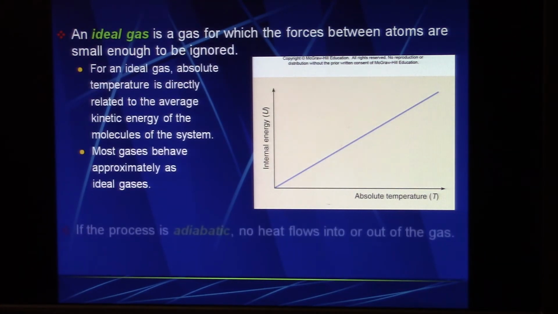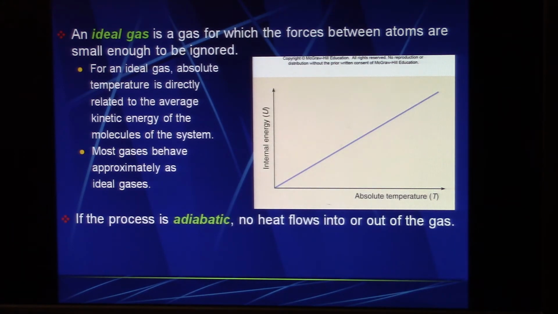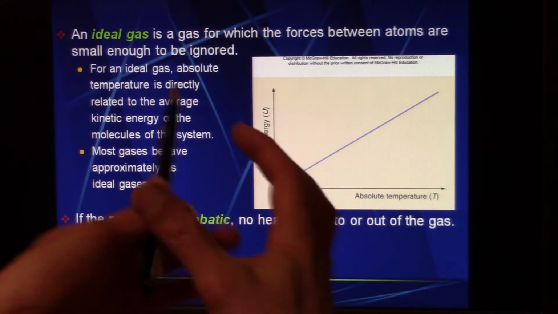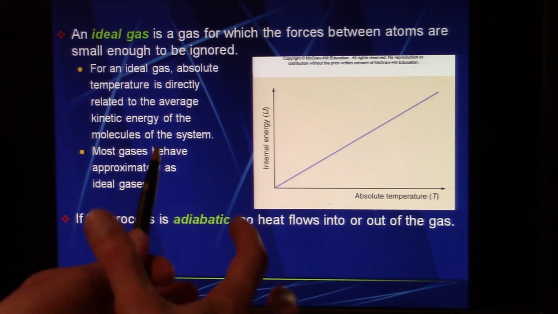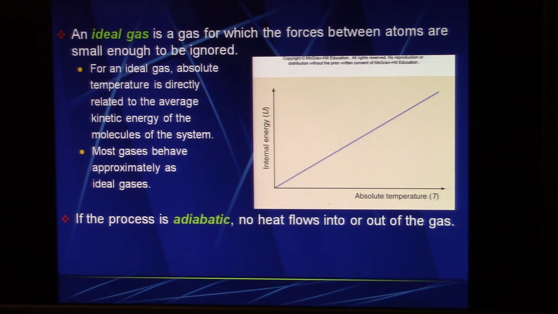Here we're going to talk about the ideal gas law, and we're going to have some definitions, some fancy science names, right? Adiabatic is you're just talking about a system where no heat flows in or out of the gas when you're talking about a specific setup.